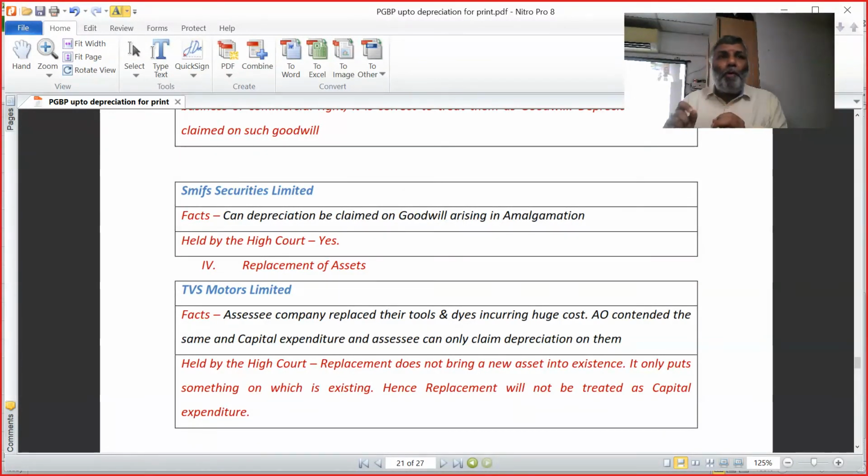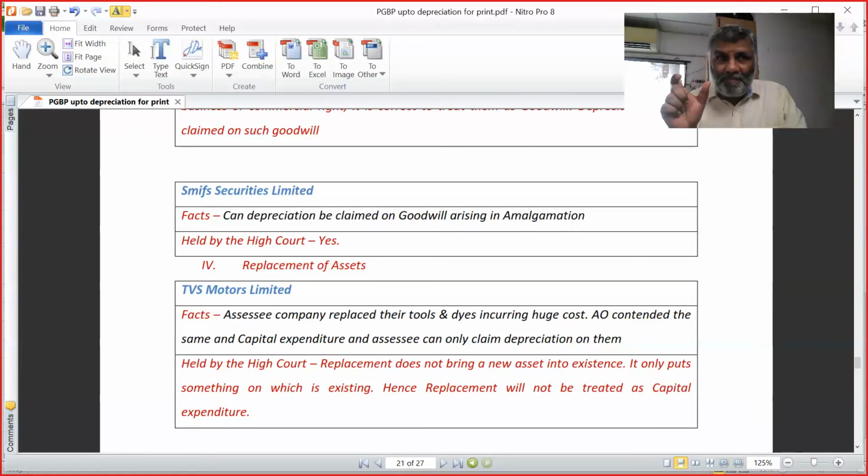A compound wall was destroyed due to flood. It was replaced. The replacement cost is a revenue expenditure. In the assessment of a firm, a hotel question will say carpets in the hotel were replaced at a total cost of 40 lakhs.